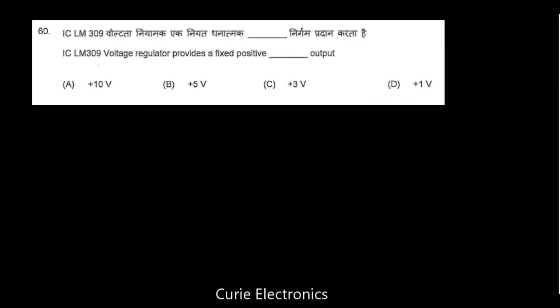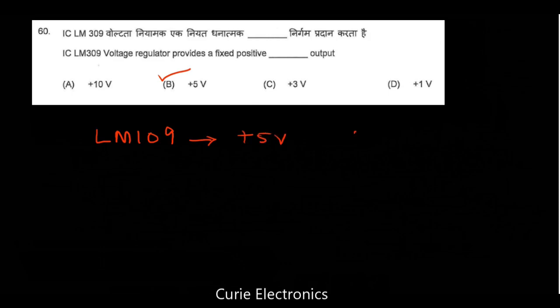IC LM309 voltage regulator provides a fixed positive dash output. It's a linear regulator IC. So it provides plus 5 volt. Similarly one more is there, LM109. This also provides plus 5 volt.